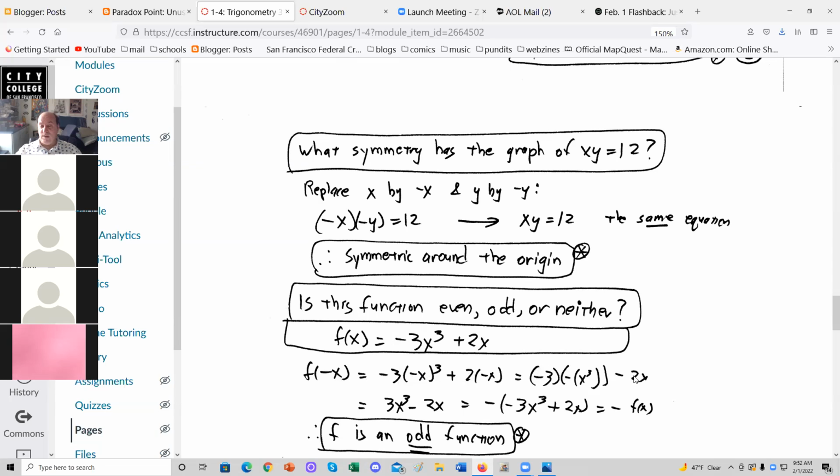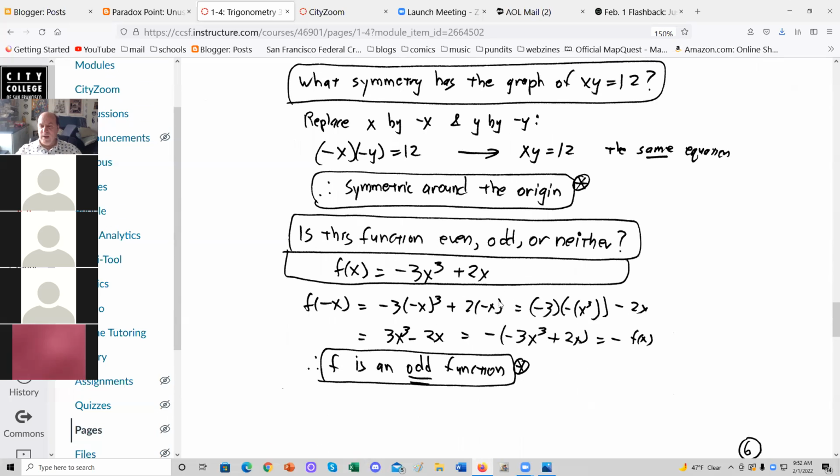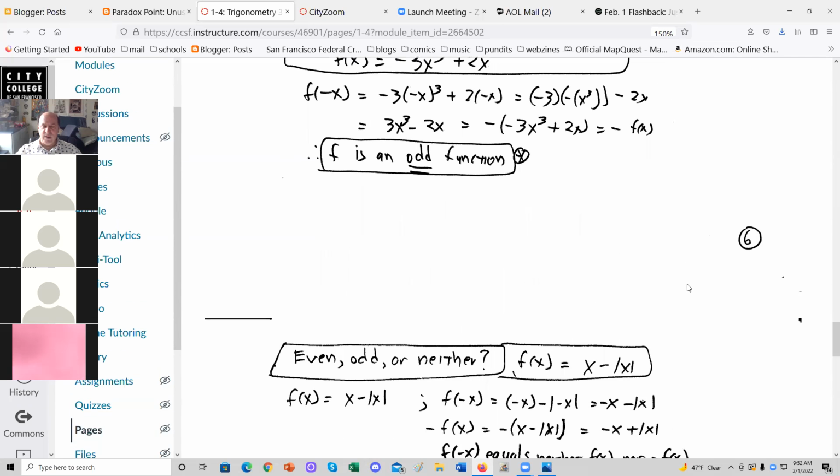Here, x is just an odd function, it comes out. And minus and negative cancels to get 3x cubed minus 2x. This is not the same as negative 3x cubed plus 2x, but it is the opposite of negative 3x cubed plus 2x. So it's negative f of x. f of negative x is minus f of x, and therefore f is an odd function. Its graph is symmetrical around the origin.